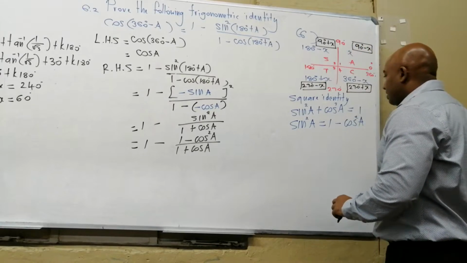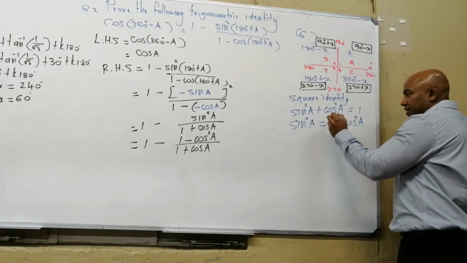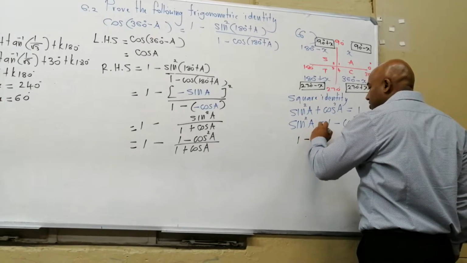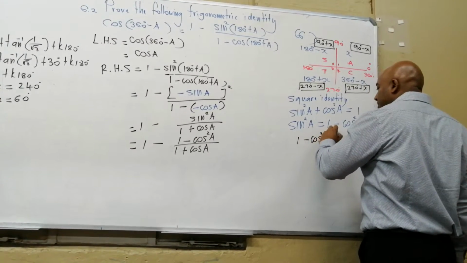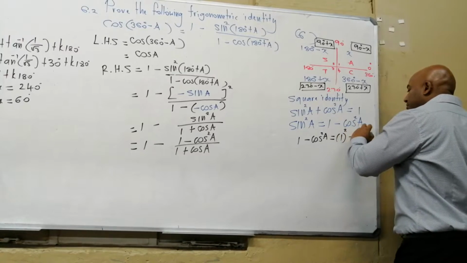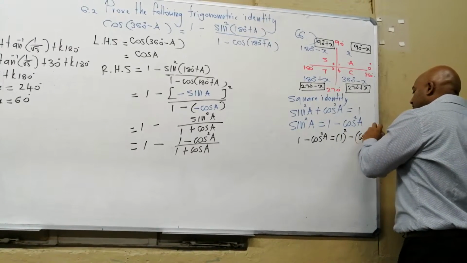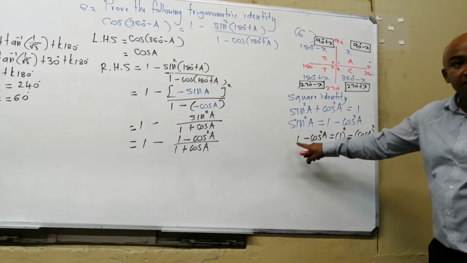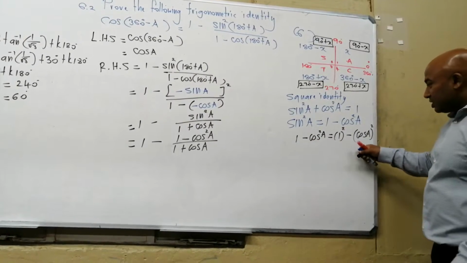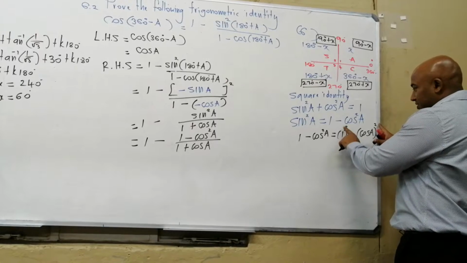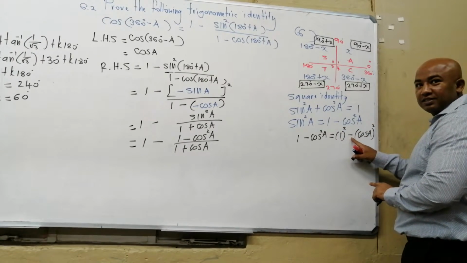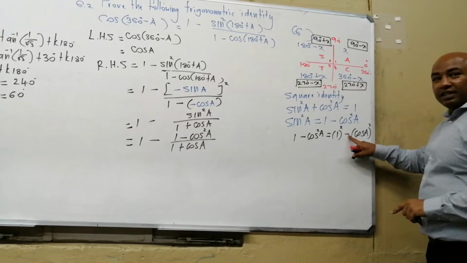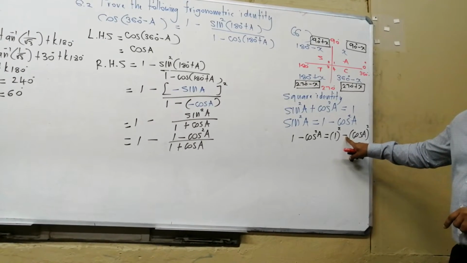So if you look at this part here, 1 minus cos squared A is the same as writing 1 squared minus cos A all squared. 1 squared is 1. So what do you notice about this here? These two exponents and this sign. What do you remember for that?